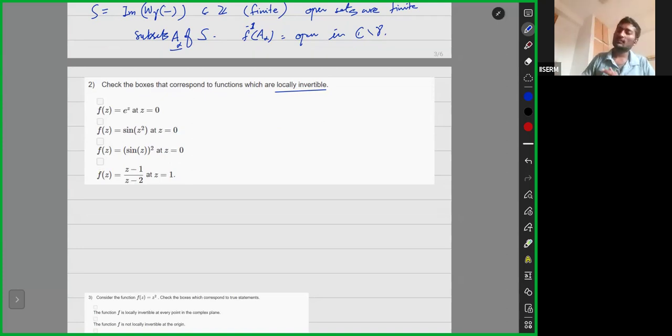So how to do this? We check f prime at 0. For e to the power z, f prime is again e to the power z. At 0, it is 1, which is non-zero. So there exists some neighborhood where it is holomorphic, by the inverse function theorem.